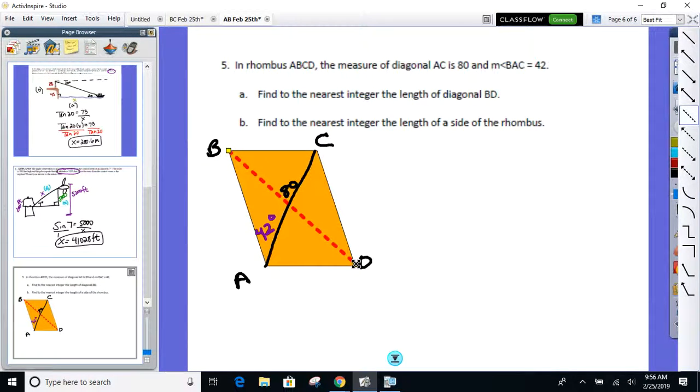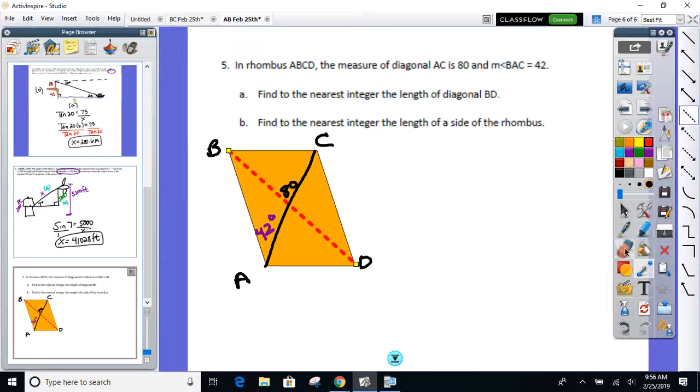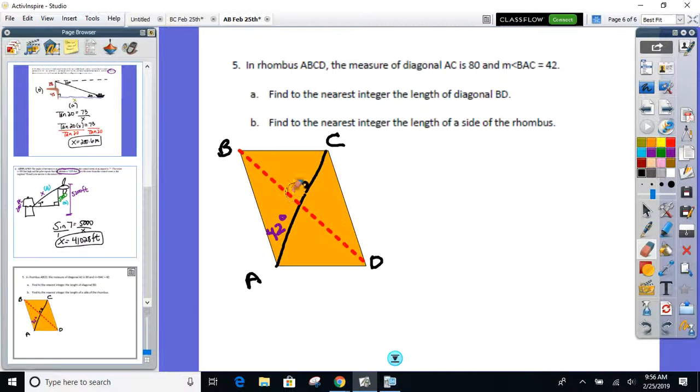Are they equal in a rhombus? Diagonals equal? Anybody remember? No, so this is not going to be easy. Oh, it's 82. All right. Tell me something about a rhombus that might help me out here. What are those diagonals doing to each other? Bisecting. So we cut that 80 up into 40 and 40.